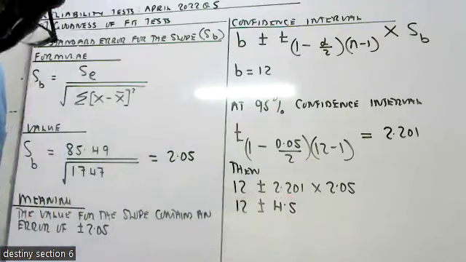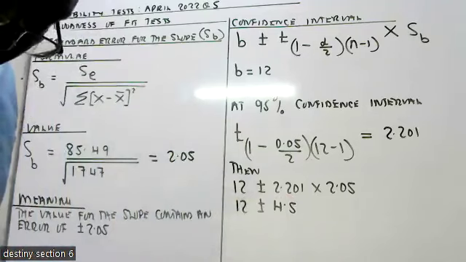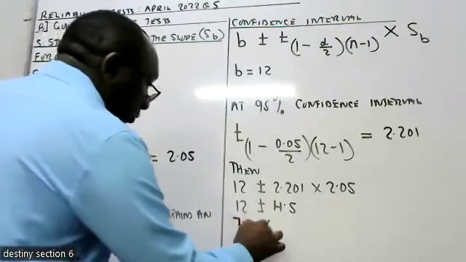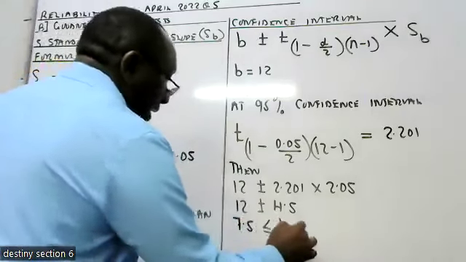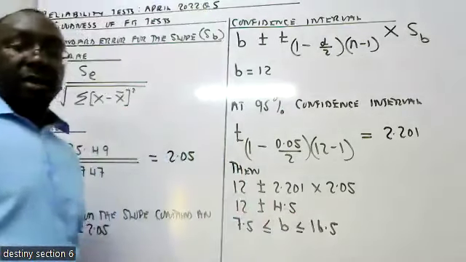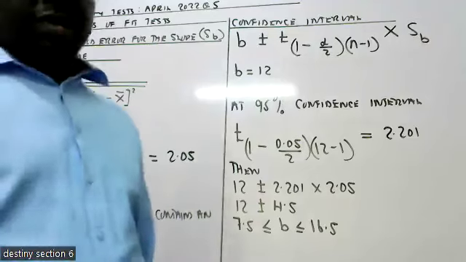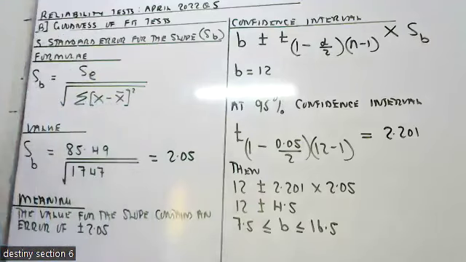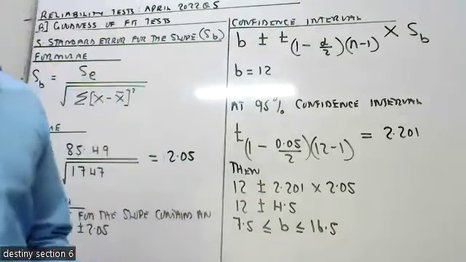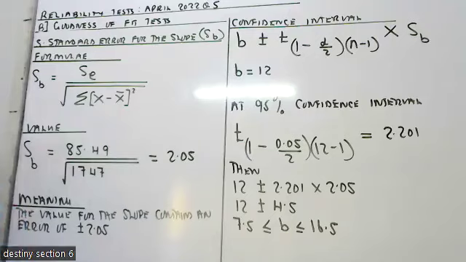So 12 minus 4.5 gives 7.5, that will be my lower limit. And the upper limit should be 16.5. So that is how you get the confidence interval for the slope.